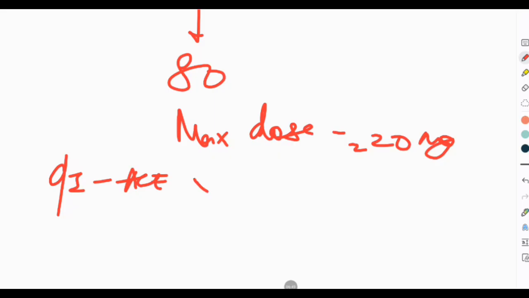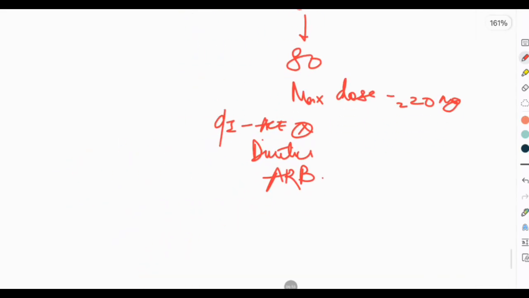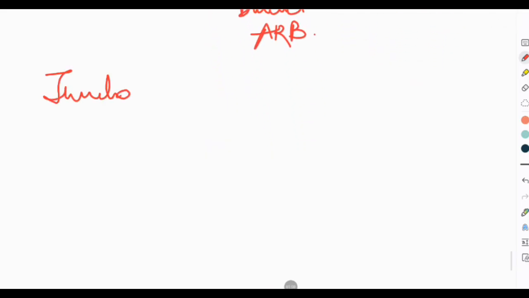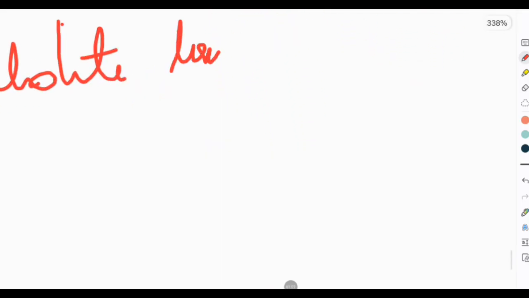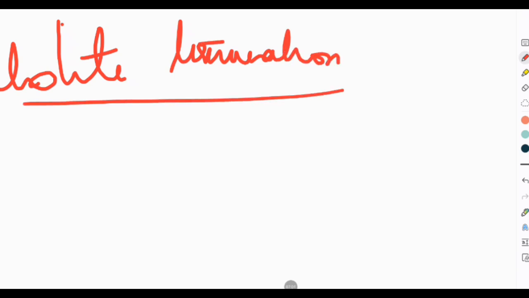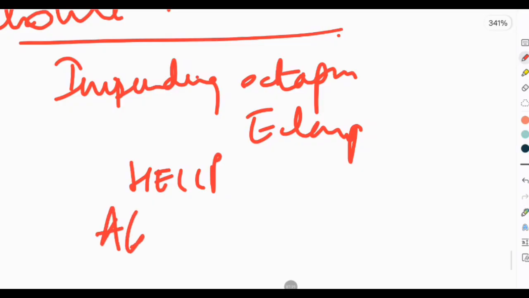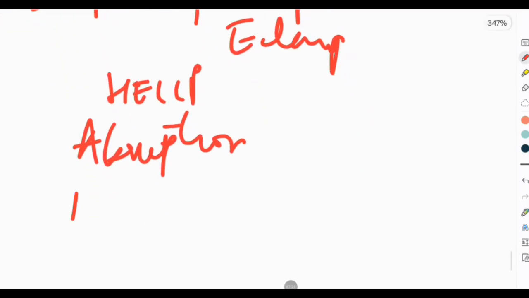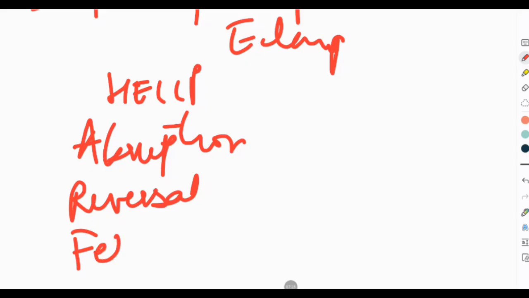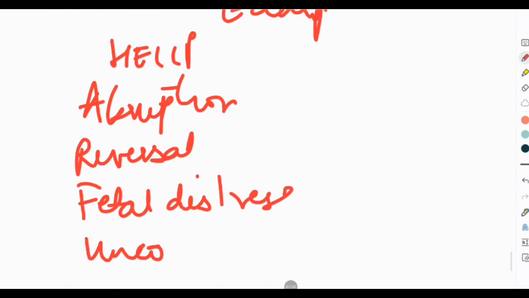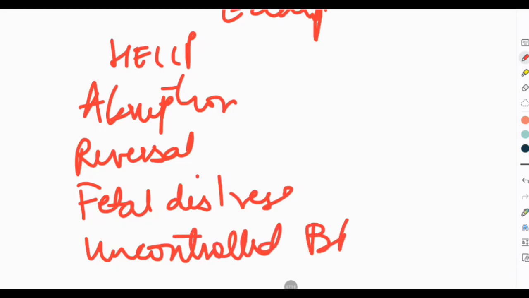Contraindications: ACE inhibitors, diuretics, ARBs. Okay. Immediate termination in impending eclampsia, eclampsia, HELLP syndrome, abruption, reversal of flow, fetal distress, uncontrolled BP.